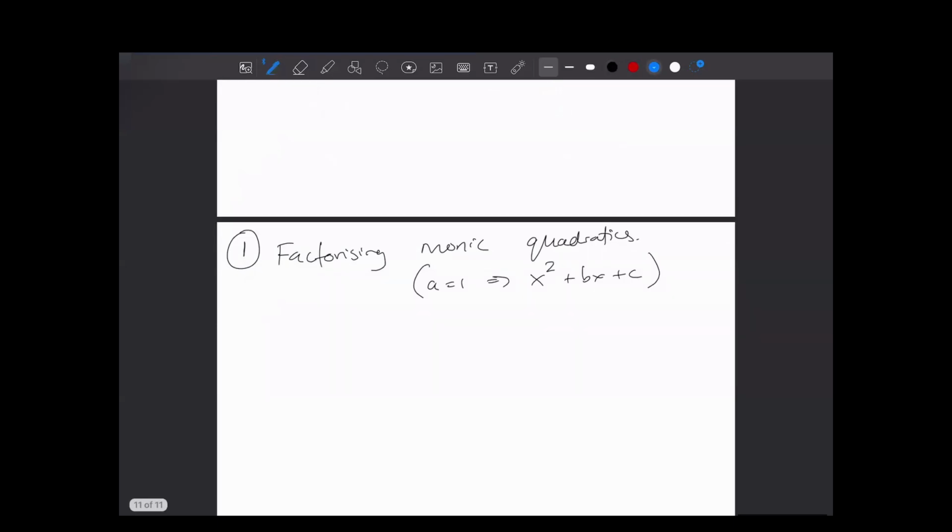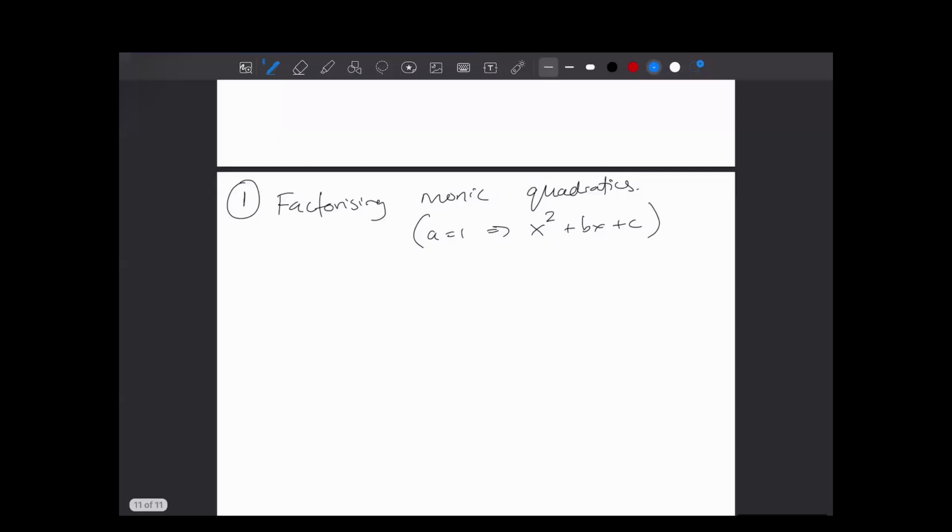So if I give a quadratic, I want you to talk me through how you might factorize it. A monic quadratic, that is. So x squared plus, let's pretend I gave 8x plus 12. If I give you this, how comfortable are you factorizing it?